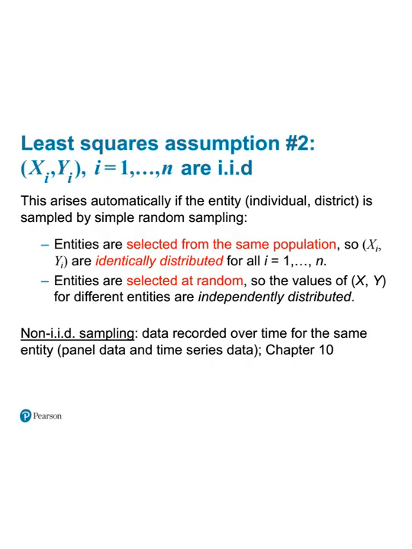Now in least squares assumption number 2, we're talking about the data that we're sampling. Our Xi, Yi combination pairs are independent and identically distributed. This happens automatically if we can prove that we indeed have random sampling.